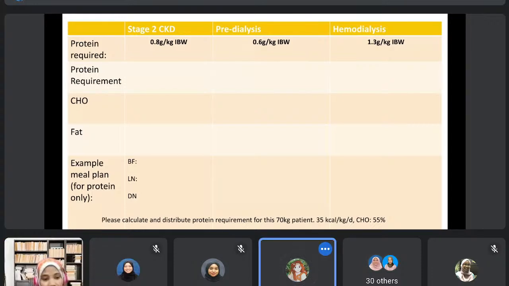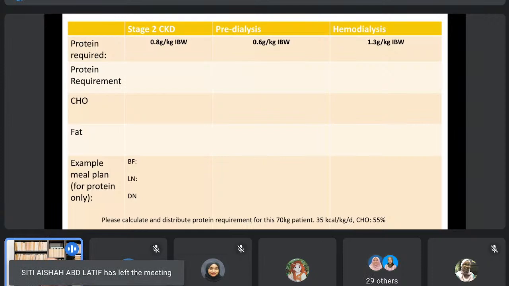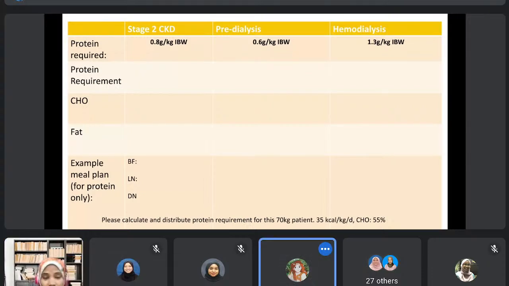And then protein, 3 to 4 serving. Protein ke karbo? Sebab apa? 3 for lunch and dinner. Protein ke karbo? Oh, yes. I see. Protein. Takkan 3 to 4?